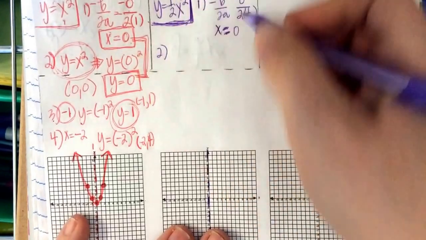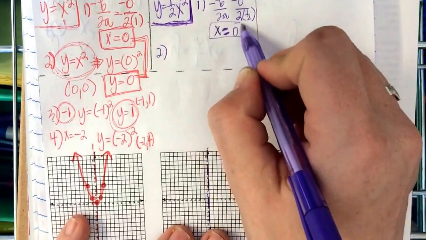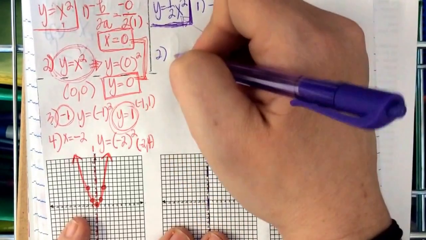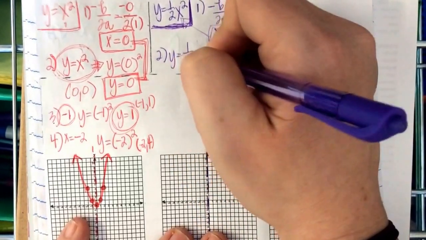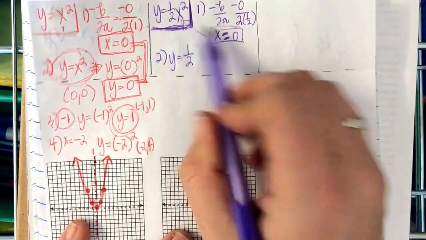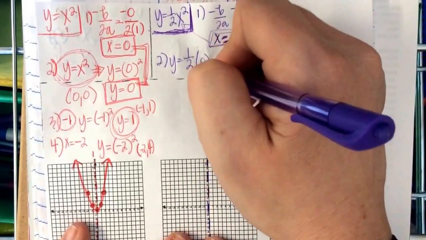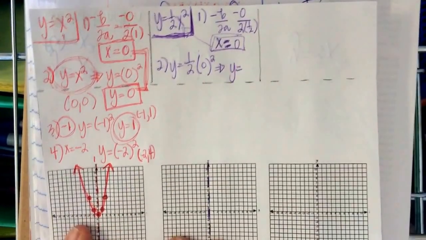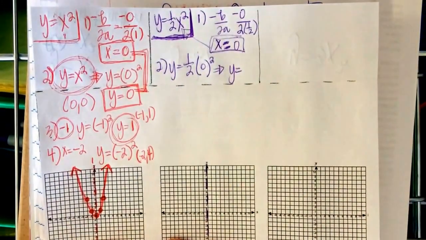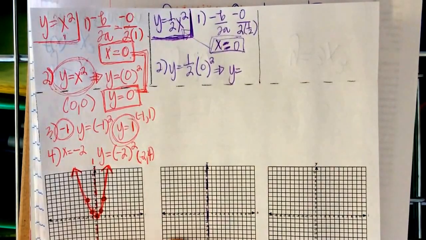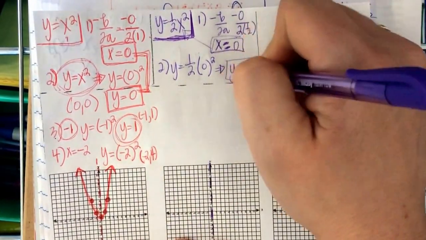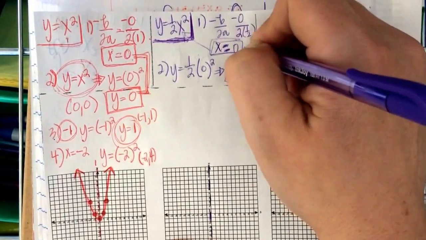Step 2 is to take your axis of symmetry and substitute it into the original problem. So y equals 1/2, and instead of the x value, I'm going to put 0. 0 squared is 0 times 1/2. Does it affect the vertex?